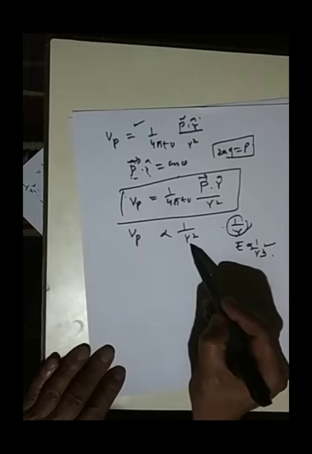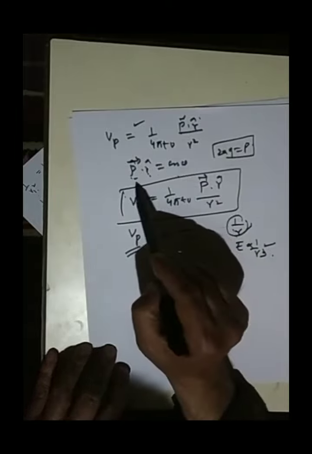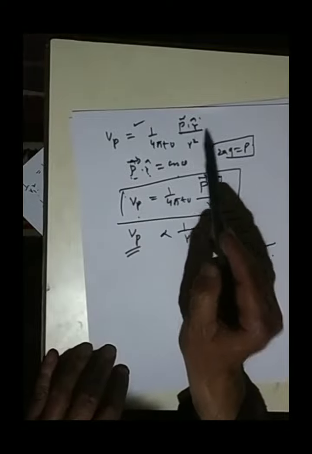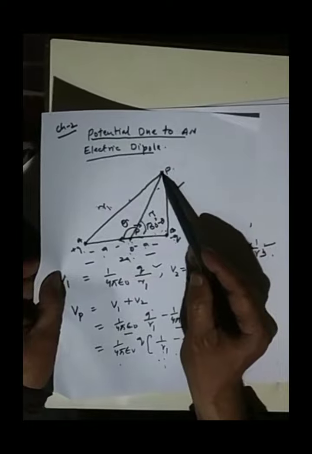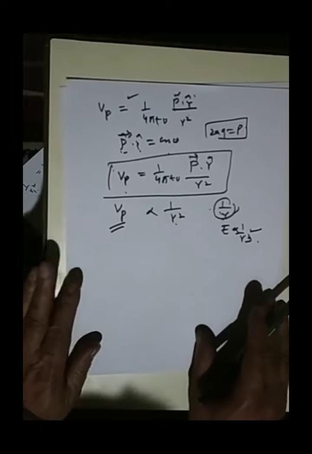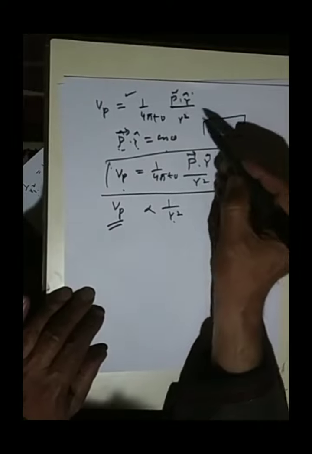Now also the potential is dependent upon the angle theta, which the line to the point makes with the dipole.